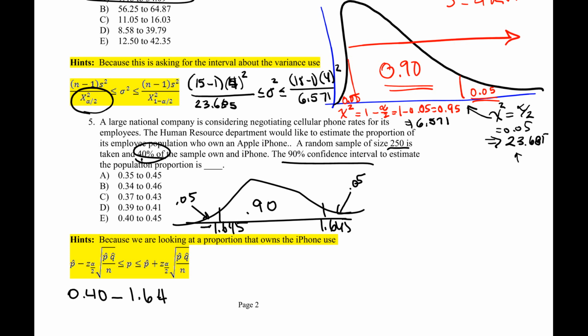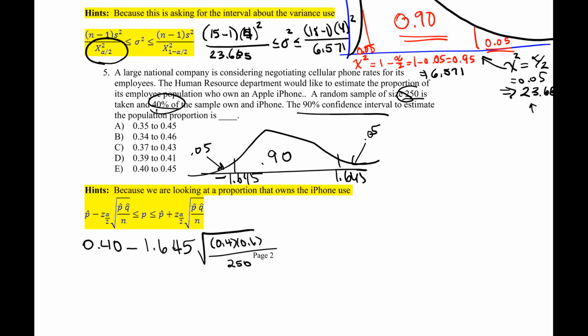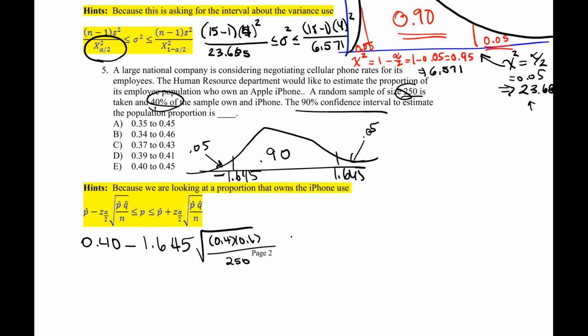My p hat again is 0.4, so my q will be 0.6, when minus that value, and then divided by my sample size, 250, and this is my interval about the population proportion.